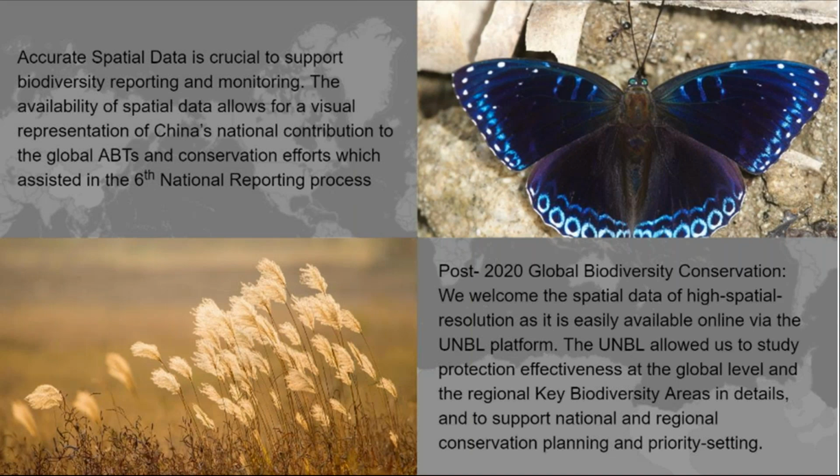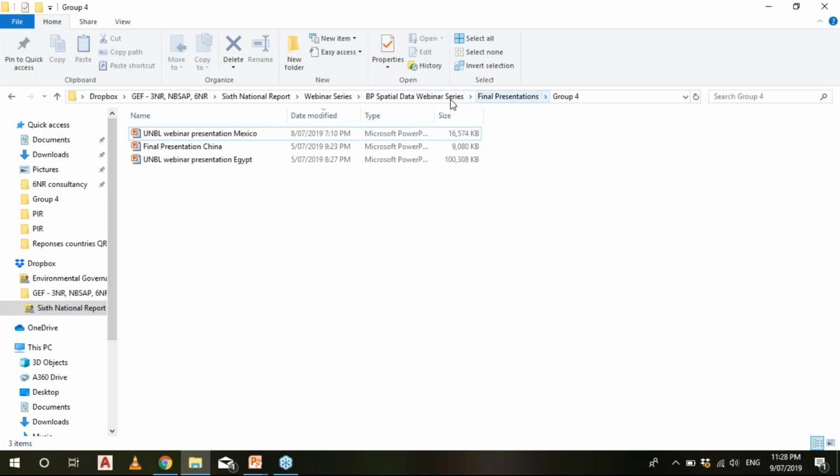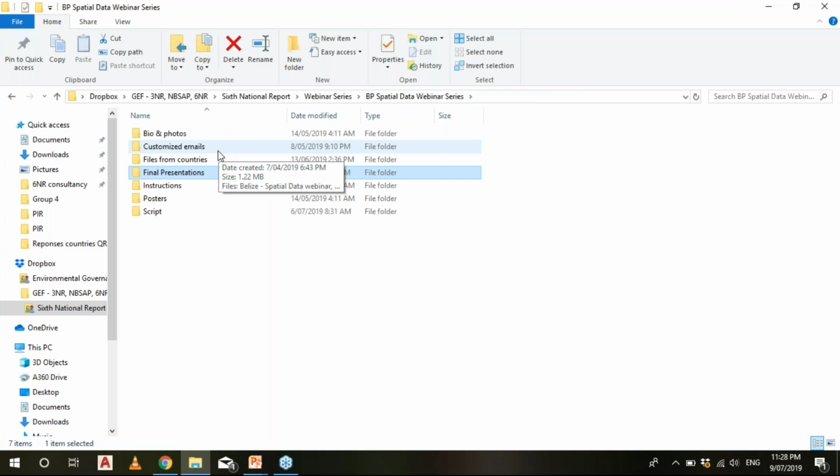Thanks, Mariam. Yes. Within the last 10 years, we showed an increase in the use of spatial planning in the area of biodiversity conservation.